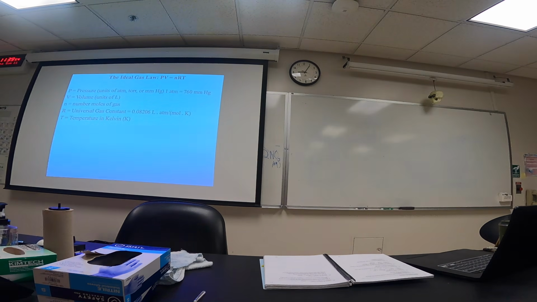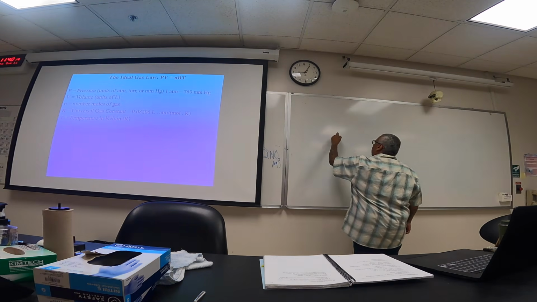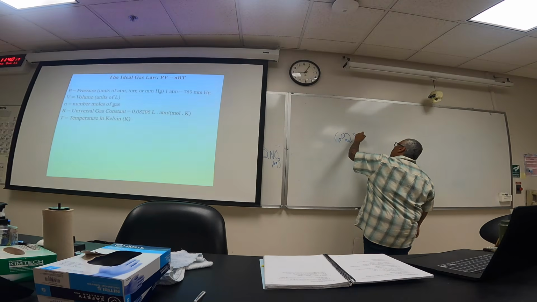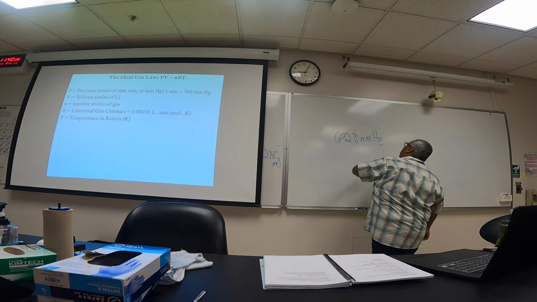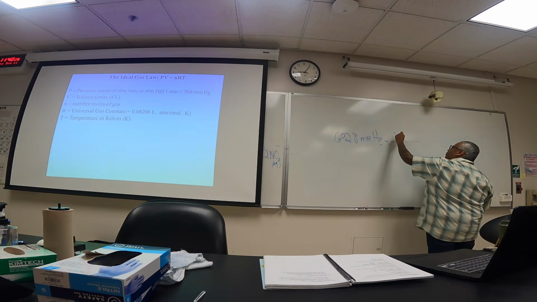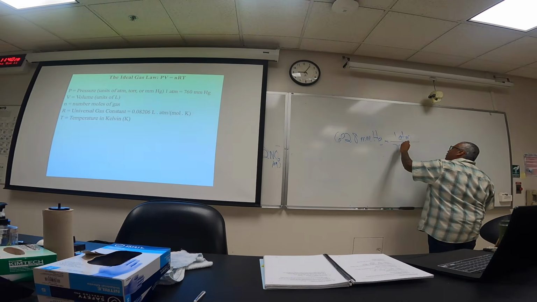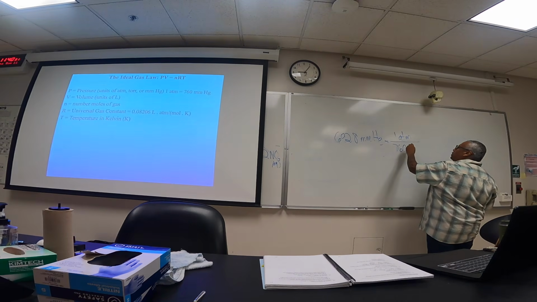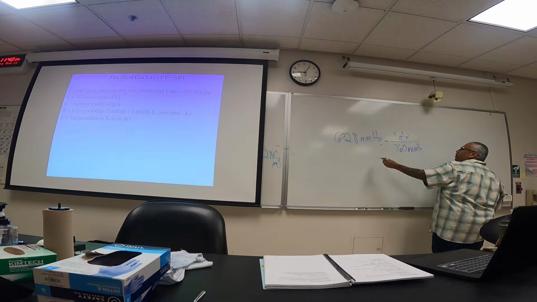So if I wanted to know the atmospheric pressure up here at the college, I can read this as 692.8 millimeters of mercury. And luckily for us, we have this definition that for every 1 atmosphere, there are 760 millimeters of mercury.